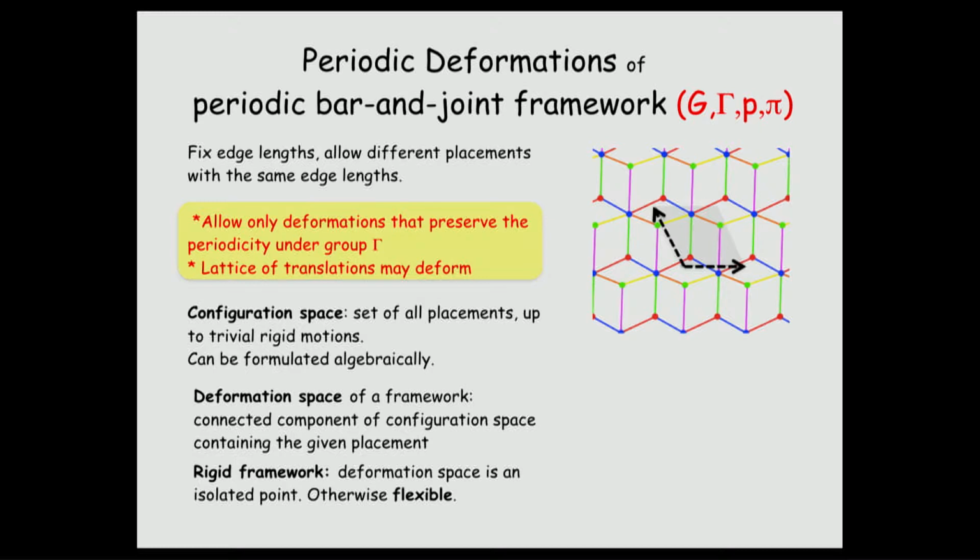And this definition is in any dimension. So what we are looking at, however, will be only deformations that preserve the periodicity under this abstract group, but the lattice itself, the length and the angle between, in general, the unit cell may deform. It's just that what is in one orbit remains in one orbit.